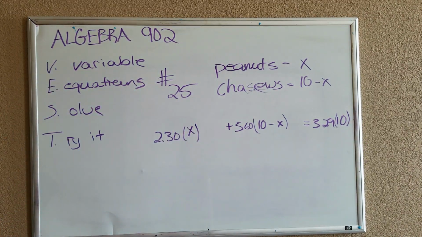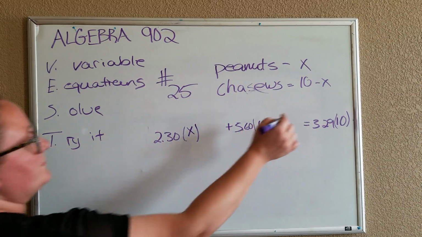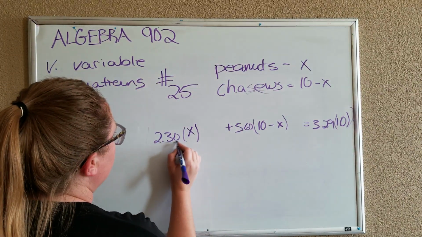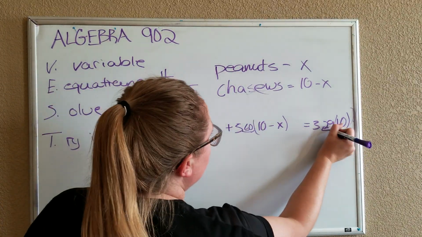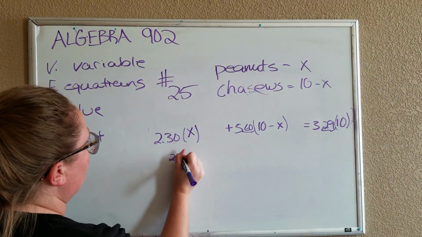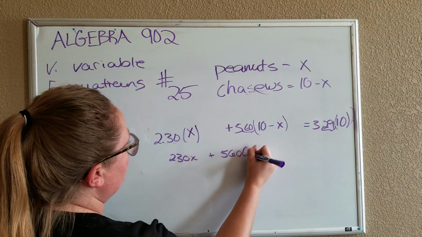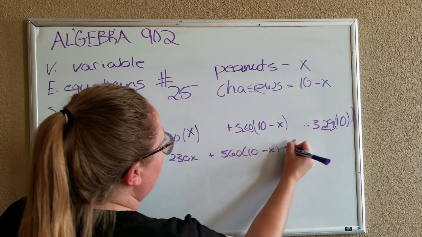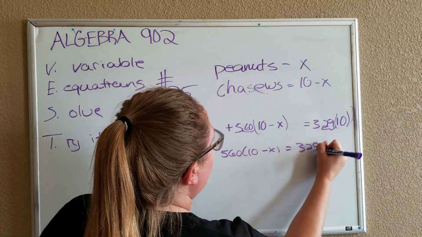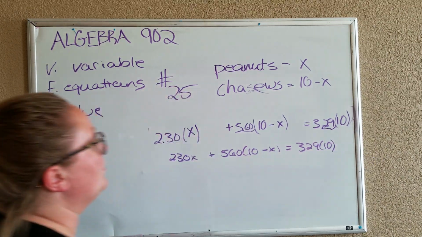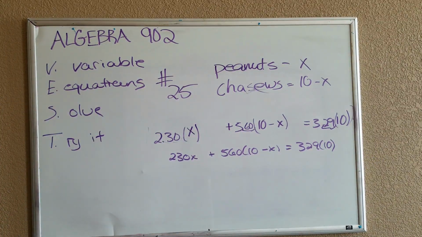So multiply it all by 100. Get rid of all that nonsense. We don't want to deal with decimals. So we have 230x plus 560 times 10 minus x equals 329 times 10. Now no more decimals.